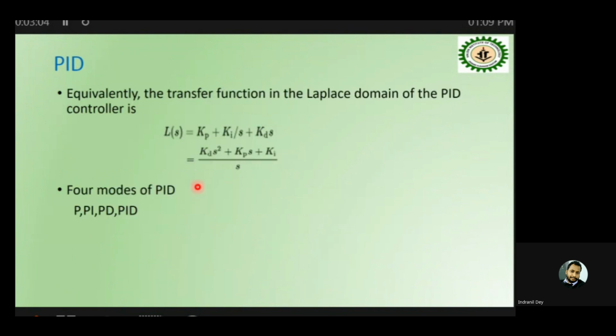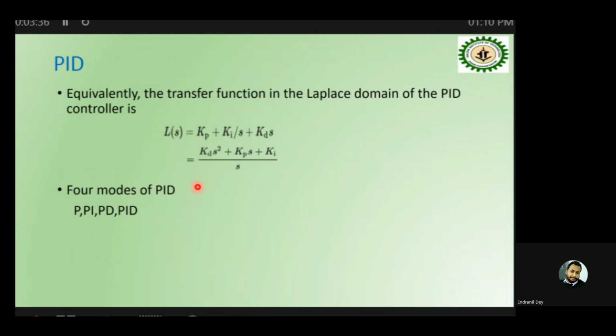Eventually, if you have to get the transfer function, as we know, the transfer function is basically the output by input in the S domain with zero initial conditions. So for the transfer function of the PID controller, it is the output, which is the control signal, and the input, which is the error.